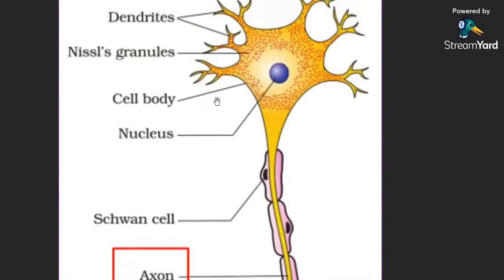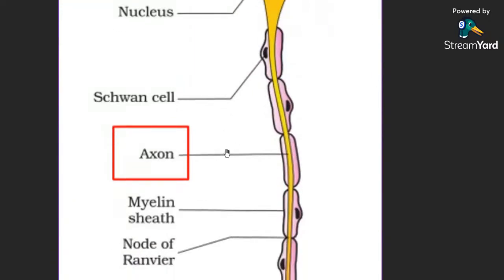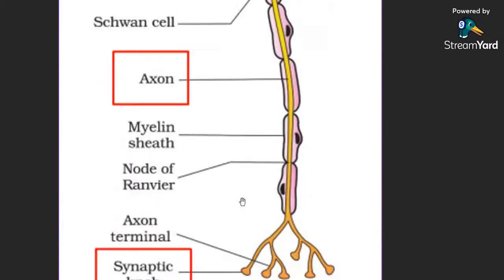I will tell you once again: you will have the Nissl's granules scattered in the dendrites and the cyton, which is referred to as the cell body as well. Then you will have the nucleus at the center, and the dendrites, which are short fibers. Then you will have the axon, which may be covered by a myelin sheath, or in certain neurons you will never find the myelin sheath.